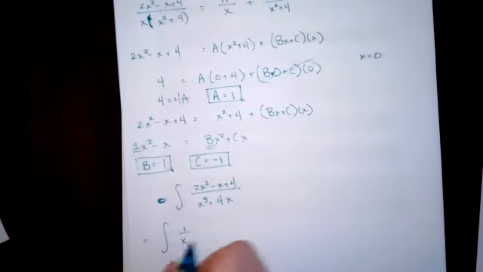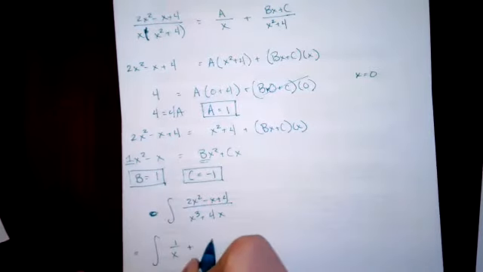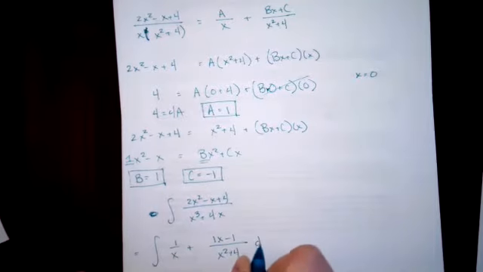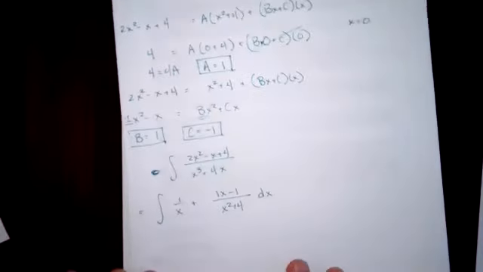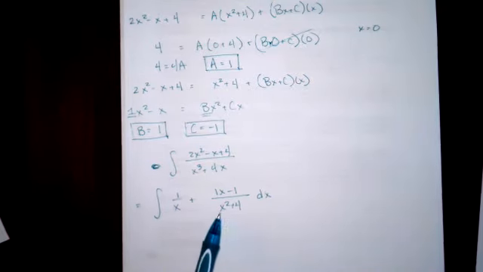So we'll have 1 over x plus b was 1, so it'll be 1x minus 1 over x squared plus 4 dx.